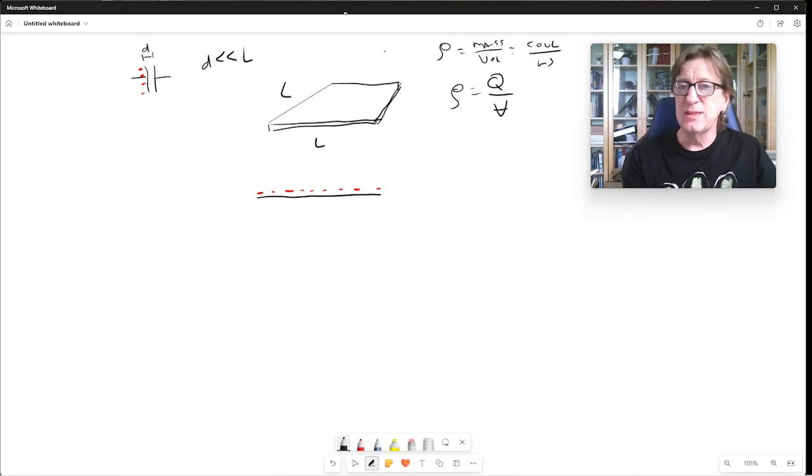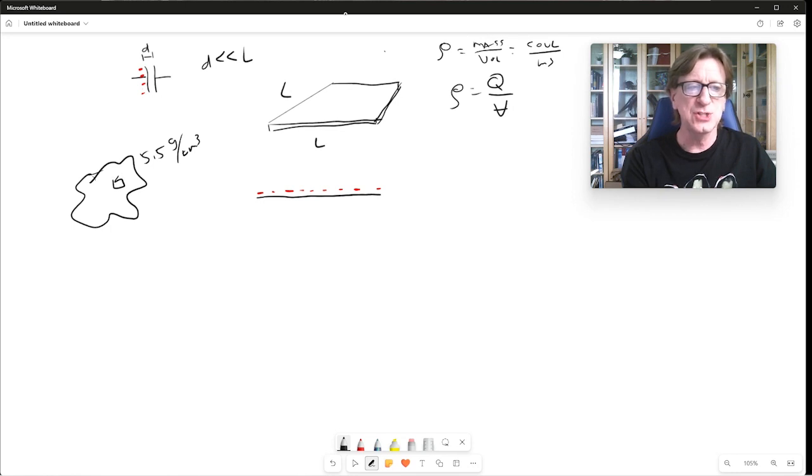The reason that's handy then is if I want to know the amount of charge in any particular volume, rho is the same throughout this. And you've probably experienced this before. If I have a rock, and let's say that rock has a density of, say, 5.5 grams per cubic centimeter, then that density is going to be the same everywhere throughout this rock.